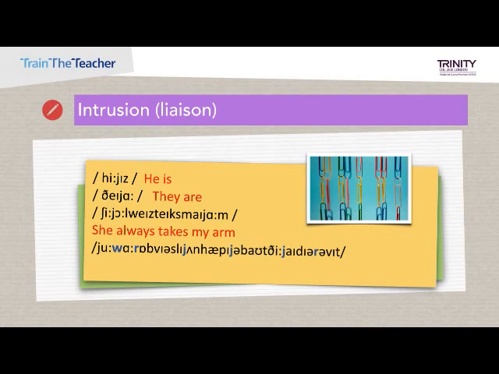Other than the y sound, you may also have seen that the r and w sounds snuck in between the words that wouldn't have necessarily been there if those words weren't said together quickly in connected speech. This may depend on where you're from, however.